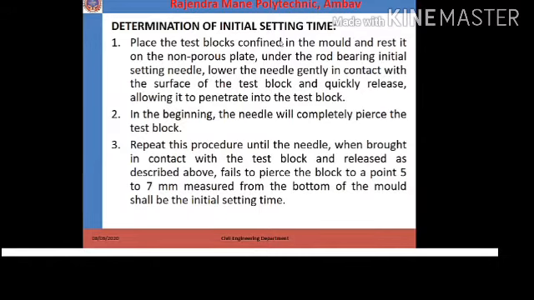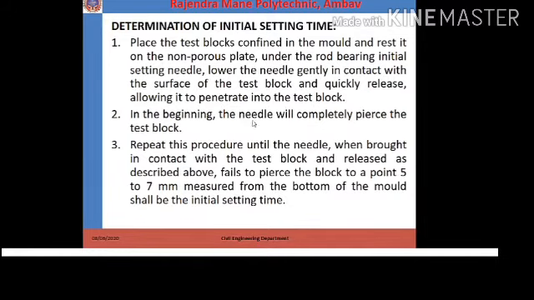Place the test block, confined in the mold and resting on the non-porous plate, under the rod bearing the initial setting needle. Lower the needle gently into contact with the surface of the test block and quickly release it, allowing it to penetrate the test block.